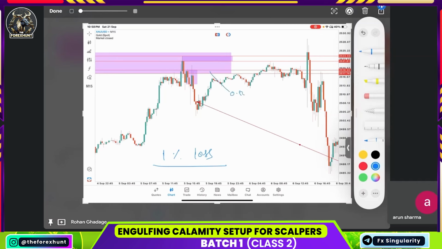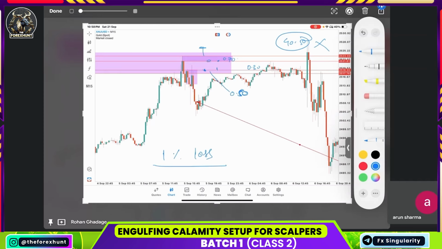I will take my 0.50 here at this line, or simply I will take my one lot here, and my SL will be here from 15 or 10 pips here. But my SL will become 40, 50 pips. So how to avoid this? I will decrease my lots. 0.50 here, 0.50 here, or 0.30 here and 0.70 here.